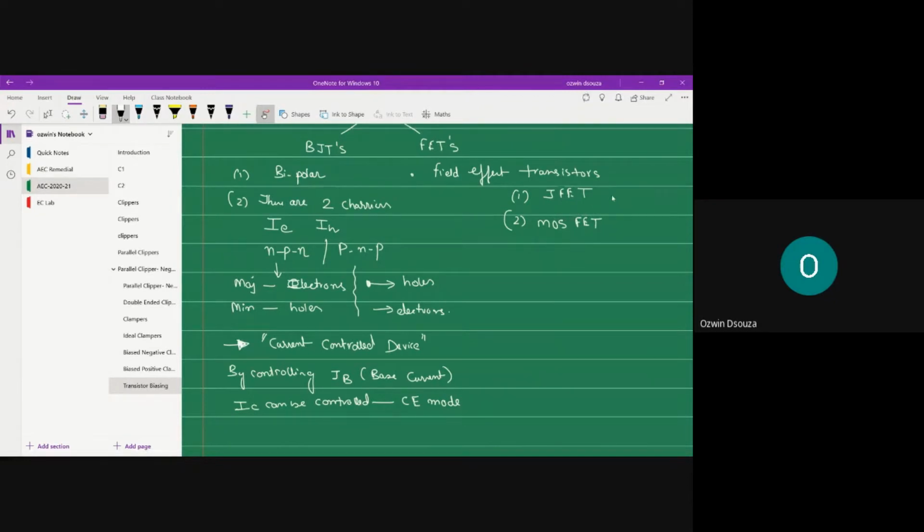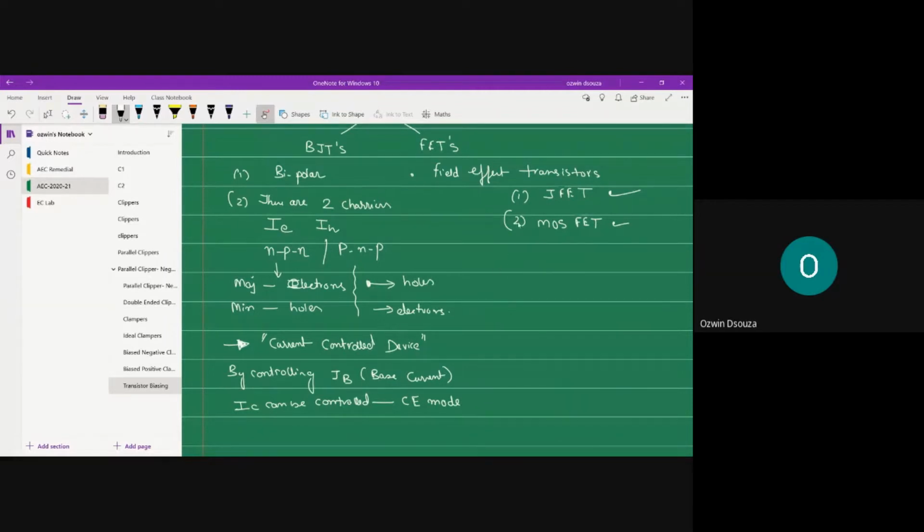To some extent you have already studied about JFET and MOSFETs in basic electronics also. So you can brush up some fundamentals regarding JFET and MOSFET. Fundamentals as in you have to just concentrate on the device structure and probably the working of JFET and MOSFETs. Okay, so that is the classification.